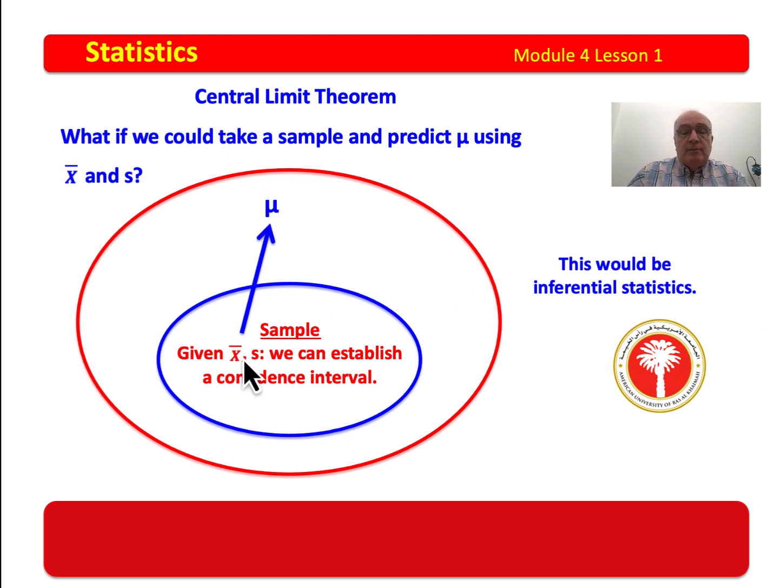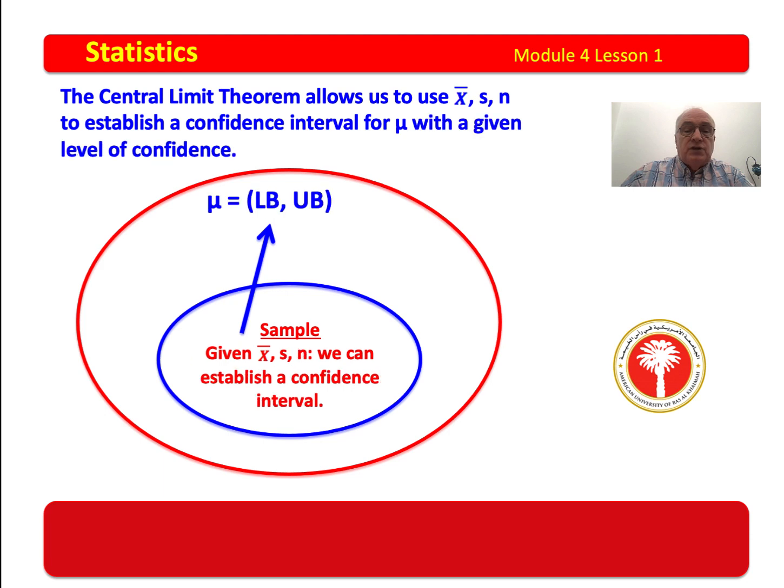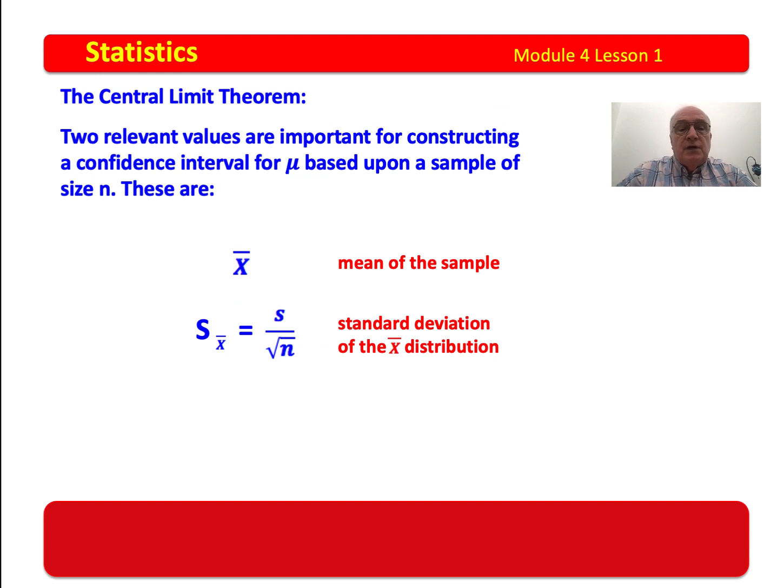And if we can establish a confidence interval for mu, then we can test a claim about the value of mu. The central limit theorem allows us to use X bar, S, and N to establish that confidence interval. If you will recall, the central limit theorem gives us a lower bound and an upper bound for mu at a given level of confidence. Not very difficult to handle.